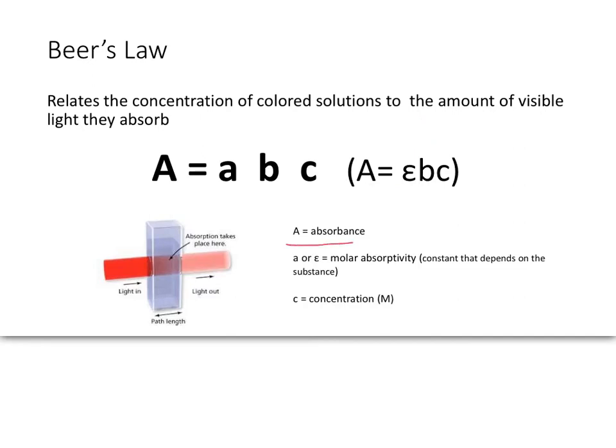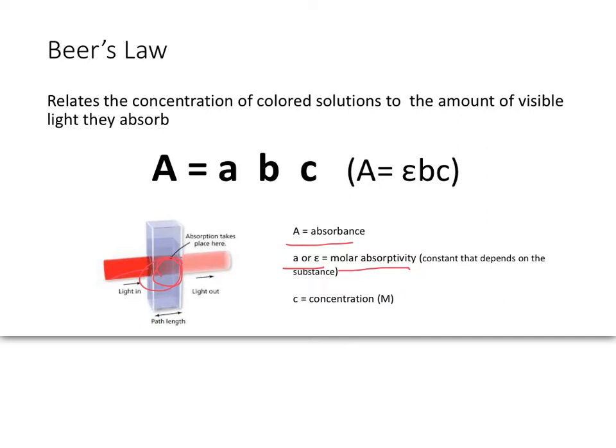So A is the absorbance. How much of this light gets absorbed on its way through? The a or epsilon, depending on which source you look at, is called the molar absorptivity constant. It's a constant that is unique to each substance.